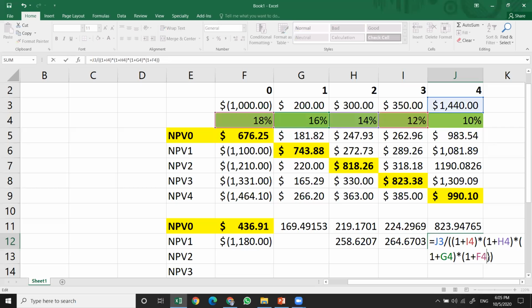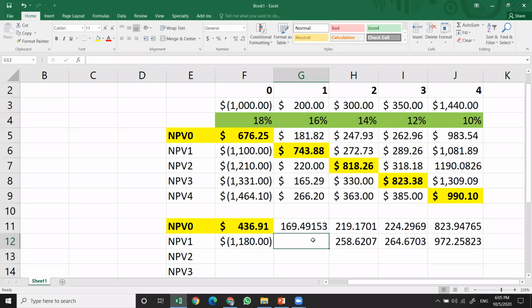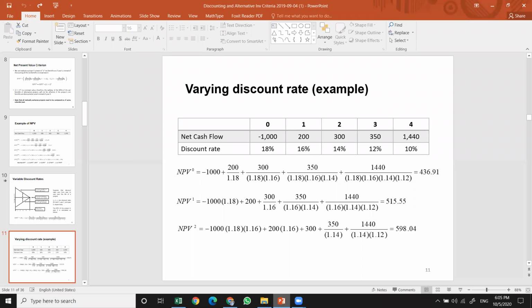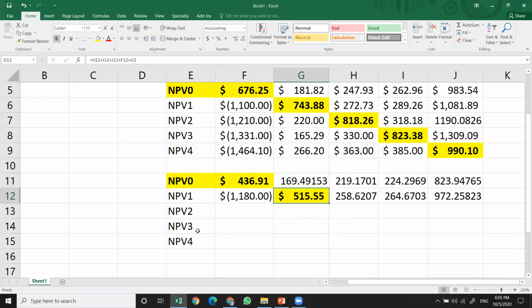And I don't do this F4. Now I can sum it all. And let me see whether my NPV is correct. Yes, it's correct.